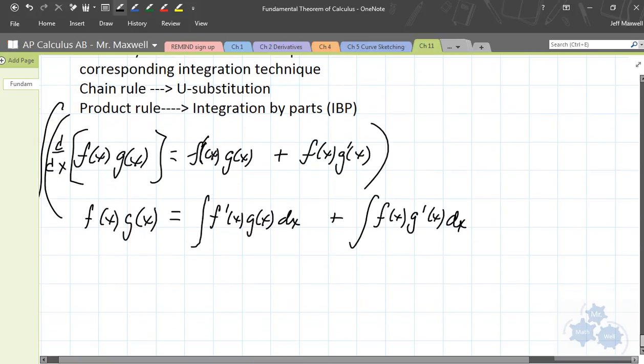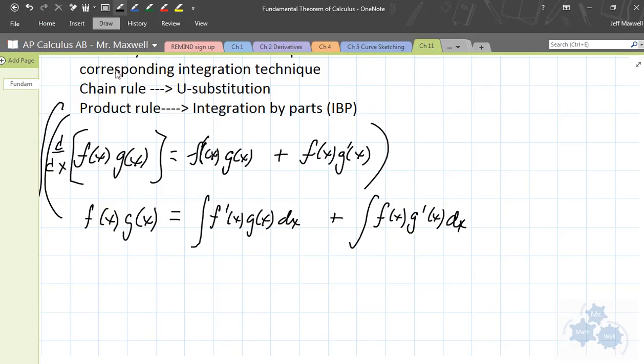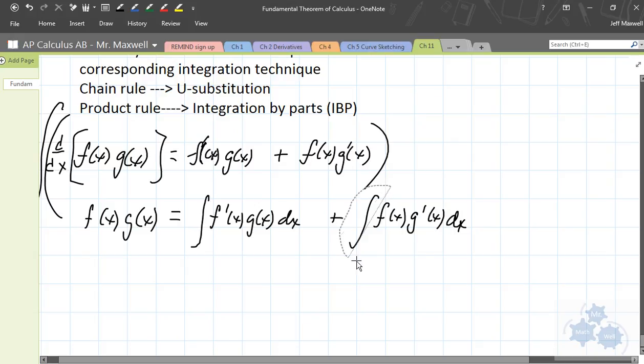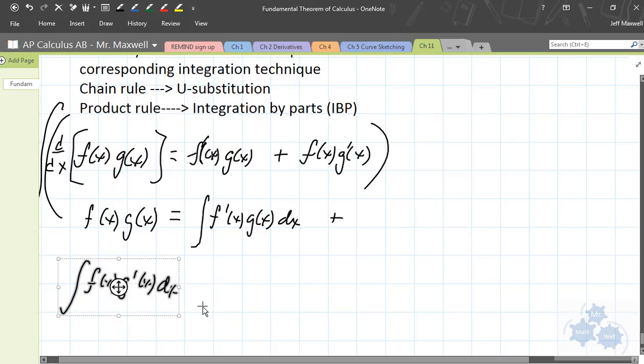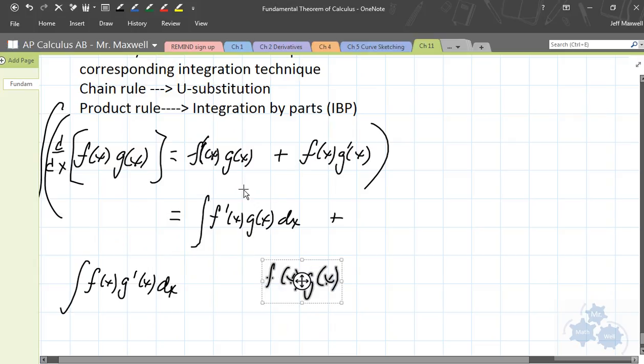And what we can do with this is we can actually rearrange this. So I'm going to bring this over to the left side, and you'll have to rewrite this. You don't have the fancy technology, but I'm going to rewrite this over to the left side. This is now our integral, and it's going to equal, because I'm going to change this over to the other side as well, so both of those are still going to be positive.